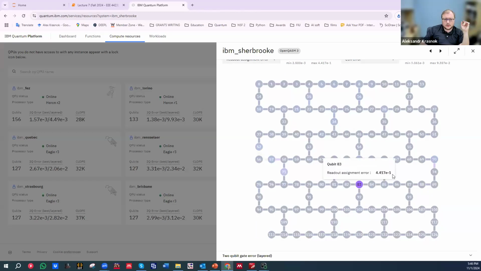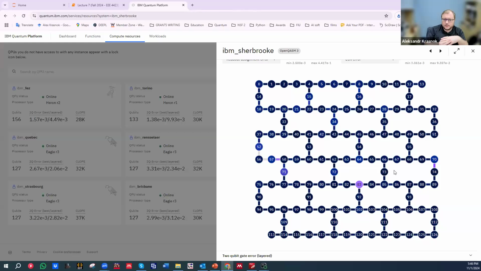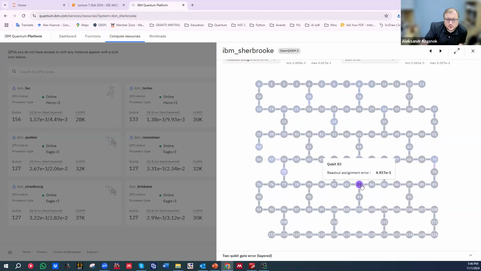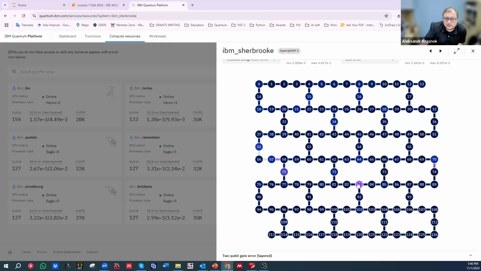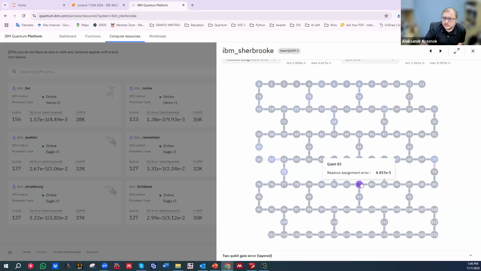So you see, even though the system was fabricated using the state-of-the-art facility of the IBM company, there are still some qubits that behave relatively worse than others. For that reason, before running the circuit, there is an operation called transpile.